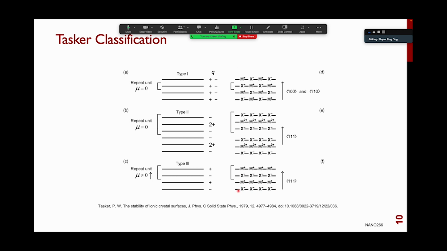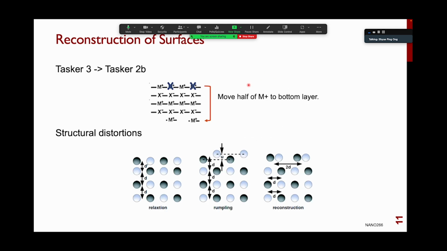So what you would do is take some of the atoms that are at the bottom surface and move them to the top surface. And in doing so, you create an overall non-polar surface for your crystal structure, okay? So this is how it works, okay? This is what is called the Tasker type 3 to Tasker type 2b reconstruction.